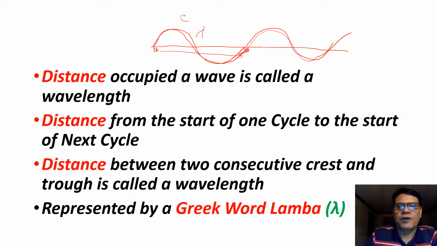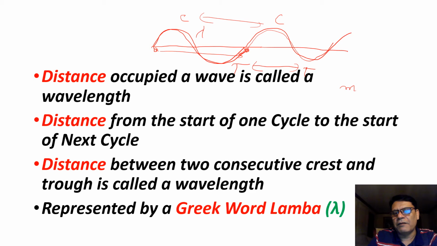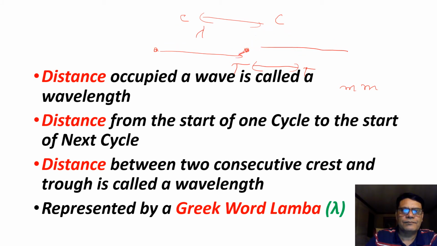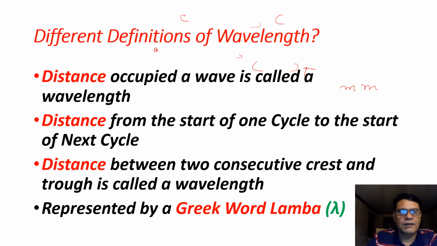And the distance between two consecutive troughs is called a wavelength. So wavelength is a distance, and it is measured in meters, millimeters, and lower units. We will discuss it in coming lectures. Let me erase it, and then let's proceed. So these were the different definitions of wavelength.